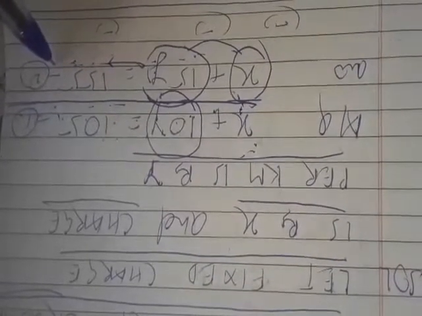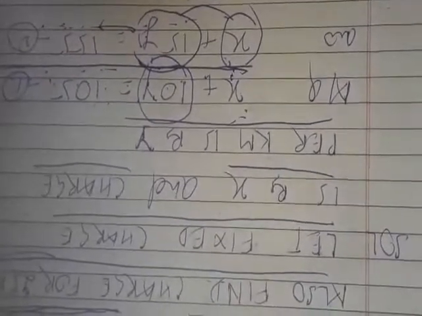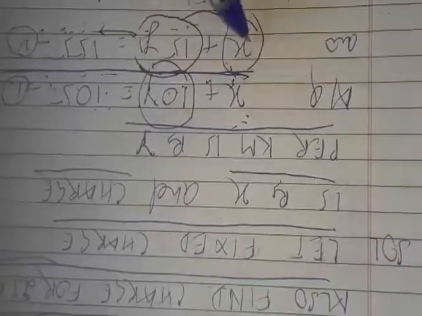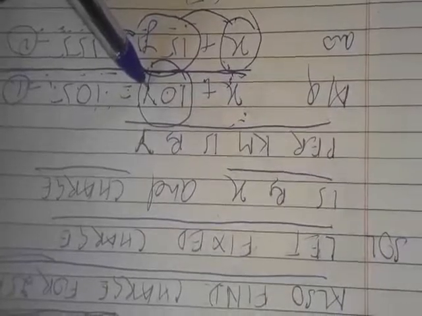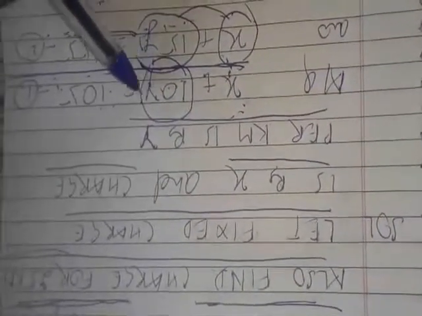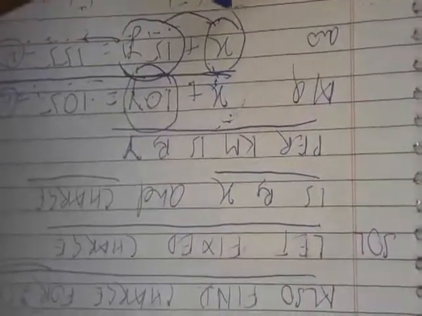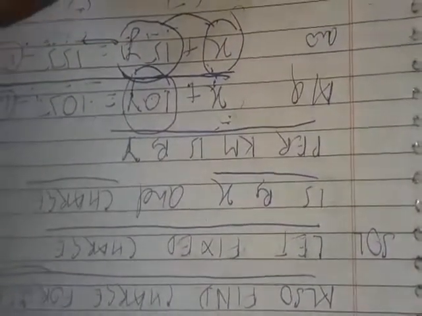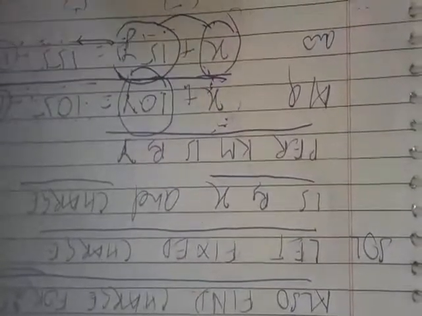Now here we observe that the numeral coefficient of variable X is the same, that is 1, and the numeral coefficients of variable Y are different. So since the numeral coefficients of variable X are equal, we use the elimination method again to solve this question.